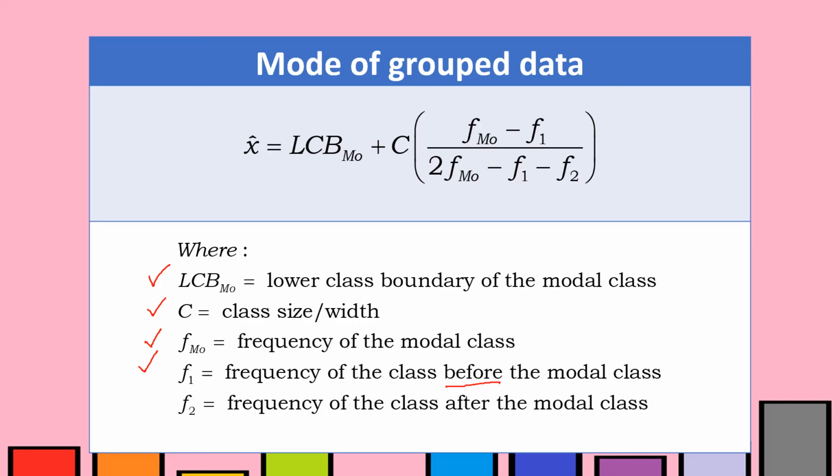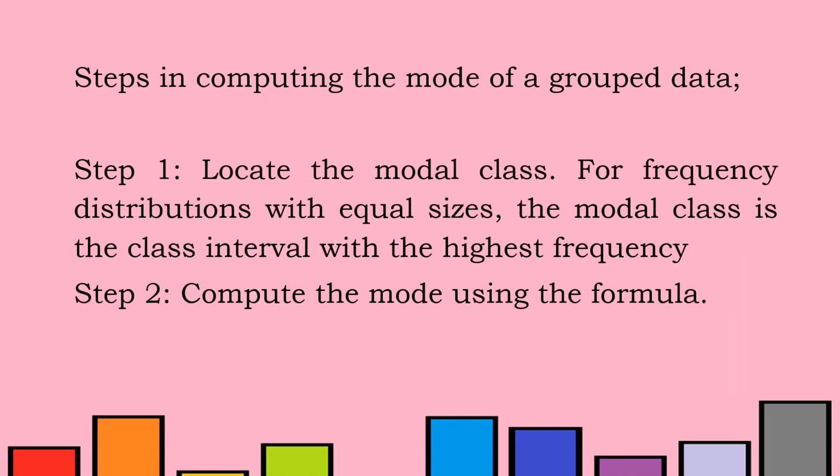So F1 means before the modal class and F2 means frequency after the modal class. So we have 2 steps only. We need to locate the modal class or the highest frequency among the frequency distributions with equal sizes. Then let's proceed to computation.